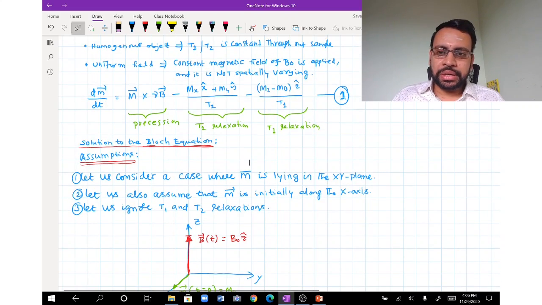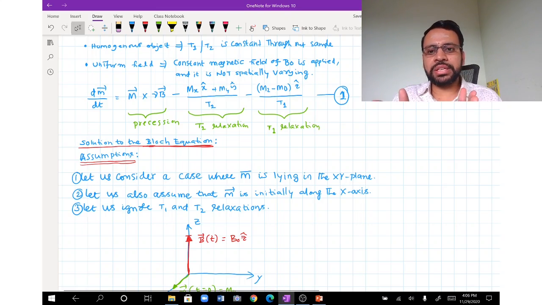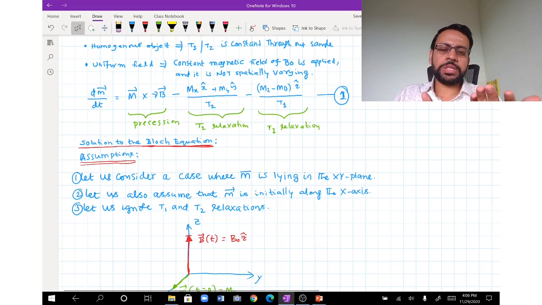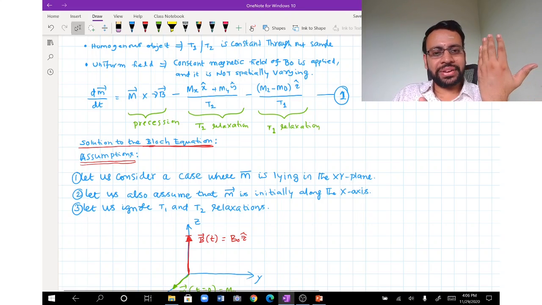Let's start with the differential equation that we came across in the previous class, where the derivative of the magnetization with respect to t is equal to the cross product of M bar with B bar, the term responsible for precession around the z-axis, and the second term, which is associated with the T2 relaxation in the transverse plane, and the third term, which is responsible for T1 relaxation in the longitudinal axis.